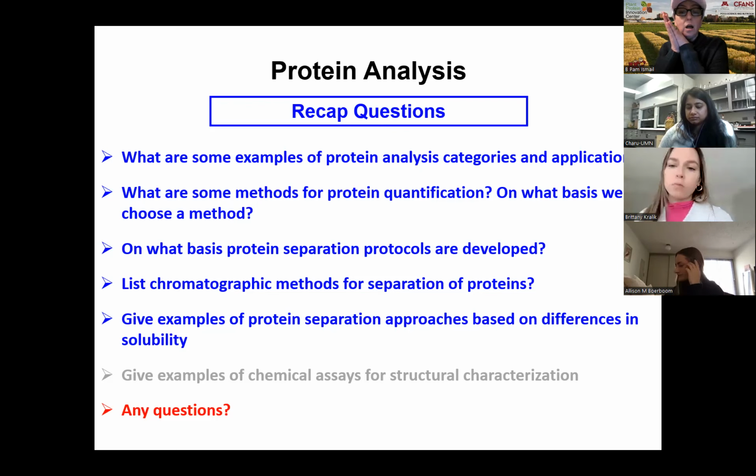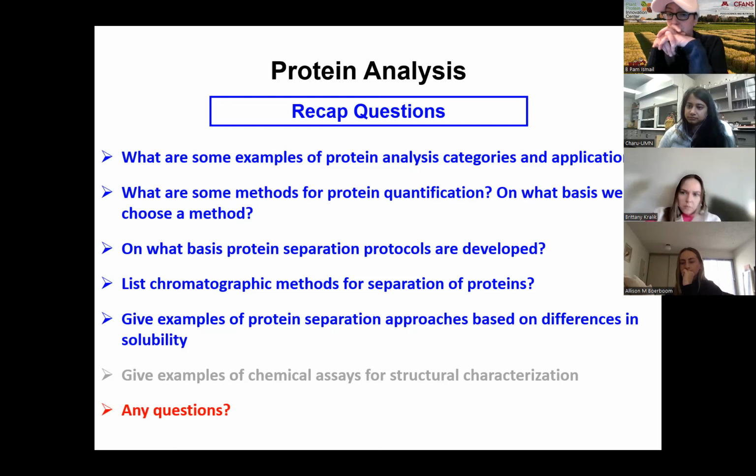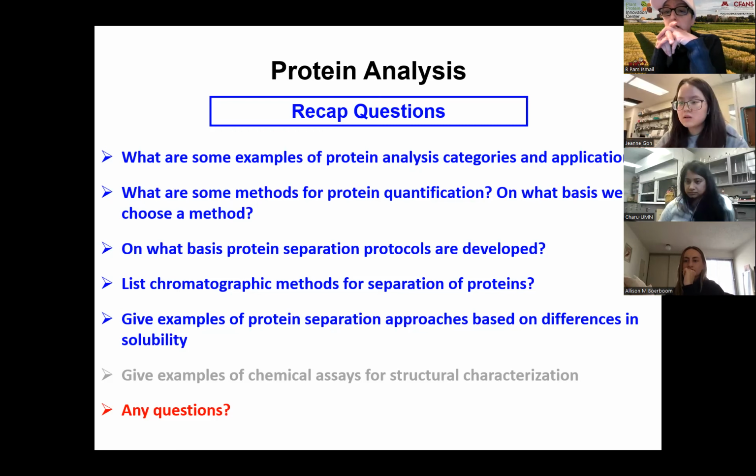Give examples of protein separation approaches based on difference in solubility. So can you give me an example we gave, or one of the examples we gave in class? Salting out. Yeah, we can salt out based on the charges of the protein and what we know about the protein charges.